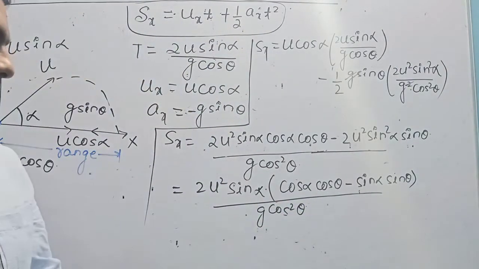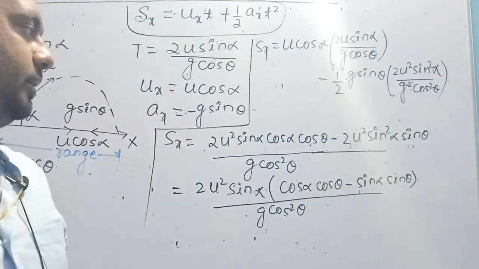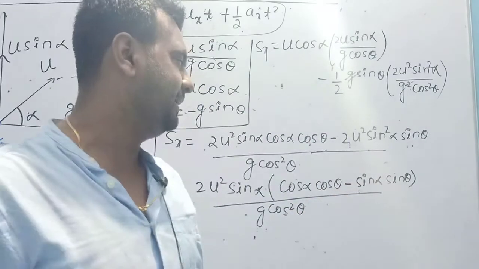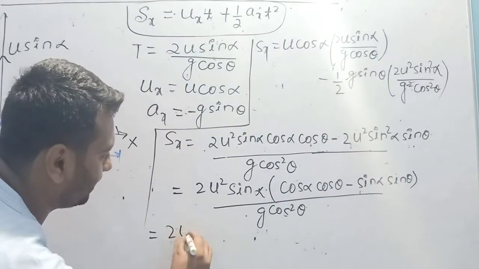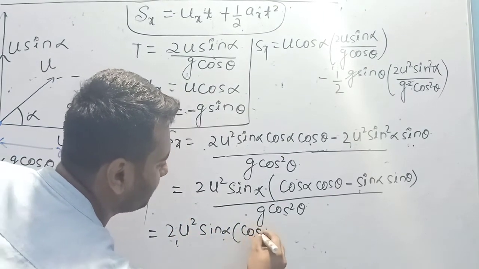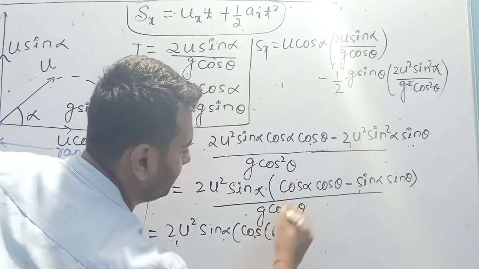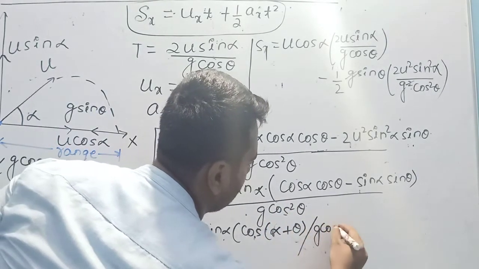Clearly, this is the formula of cos A cos B minus sin A sin B, that is cos A plus B. So range I will get here is 2u square sin alpha into cos of alpha plus theta, divided by g cos square theta.